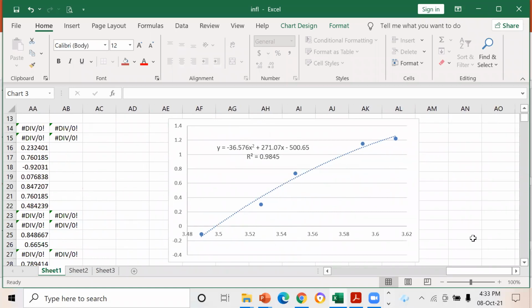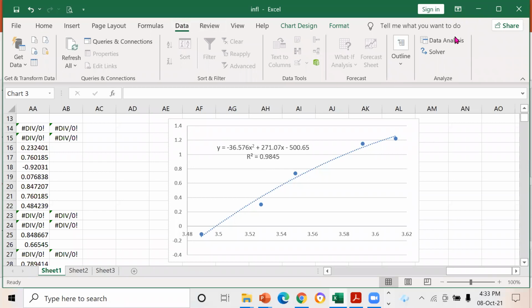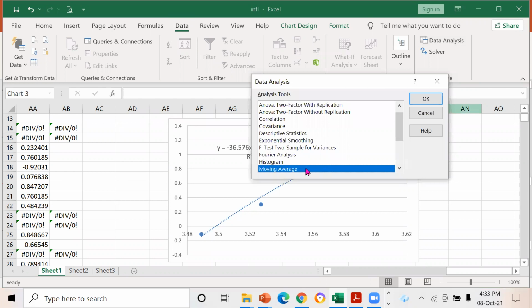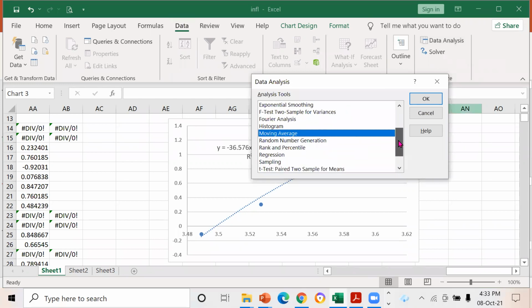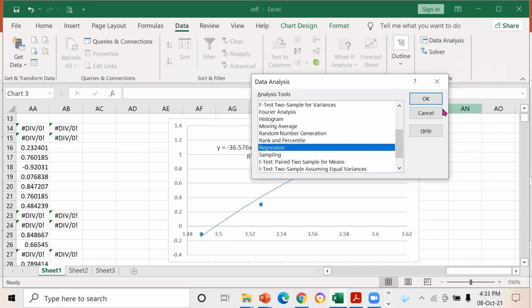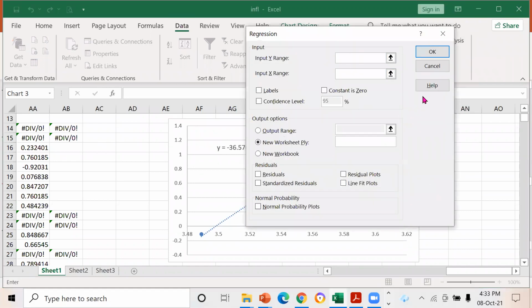So Excel can come together and do very good multiple linear regression models. I don't know how familiar you are, because the data analysis has the regression equation. So you can see regression. So we can nicely develop multiple linear regressions also.